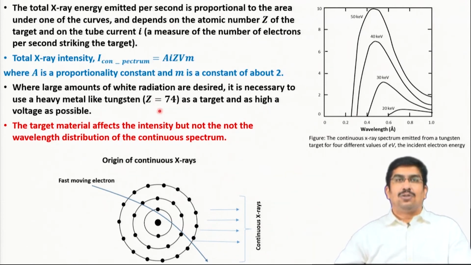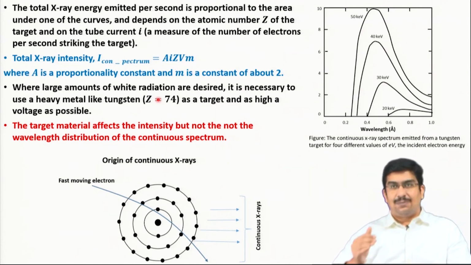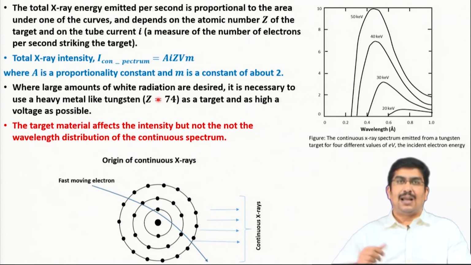Okay. From this we can understand that as an anode material we need a heavy metal, as heavy as possible, and usually tungsten is used for this. Sometimes tungsten or moly, or that kind of metals, are used as the target metal.